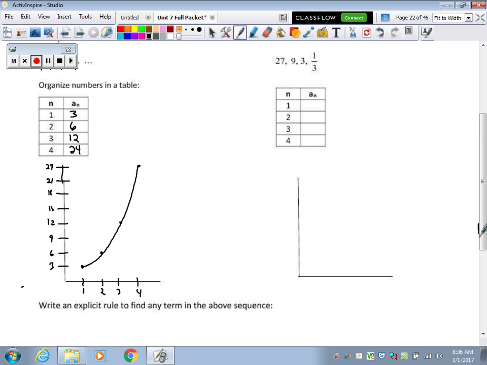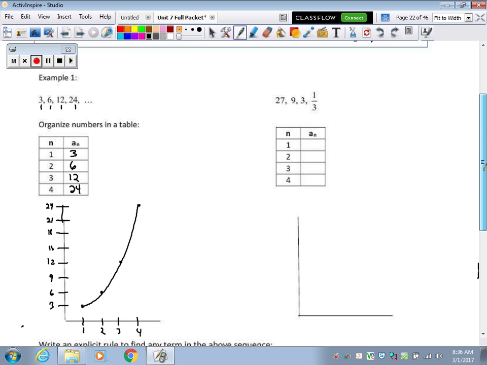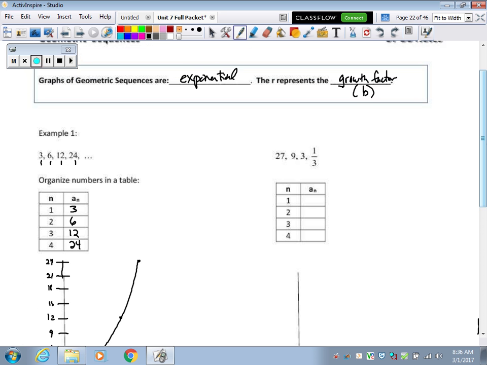Okay, so if you were to look at this exponential and think about it, go back up here for a second. Our old general form for an exponential was y equals a b to the x.